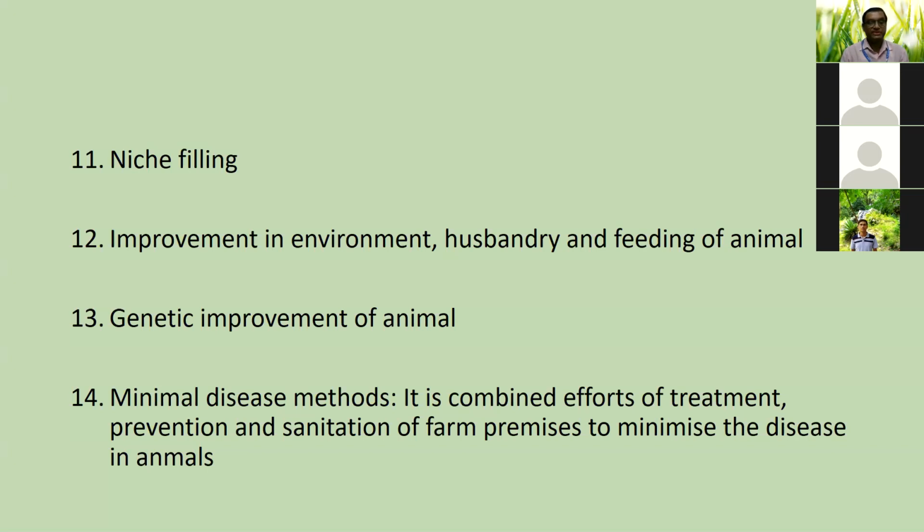They should go for preventive strategies, that is, vaccinating the animals against different types of disease. And if disease happens in that herd, they should go for treatment of the disease. By adopting treatment, prevention, sanitation, and all practices at a time in the farm premises, you can minimize the occurrence of disease. And if you minimize the disease occurrence, it will ultimately lead to control of disease.